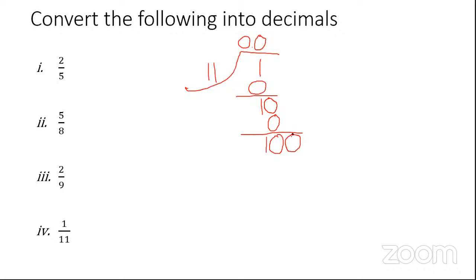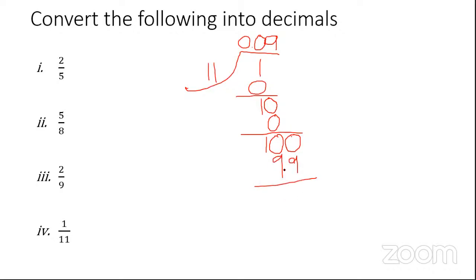We now get 100 divided by 11. 9 remainder 1. So we write 9 up here. So 9 times 11 gives us 99.